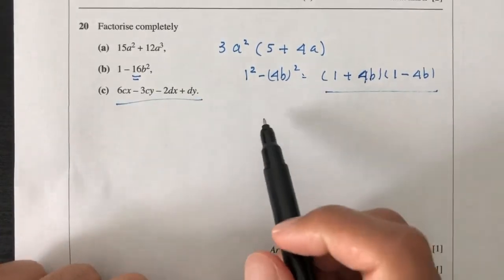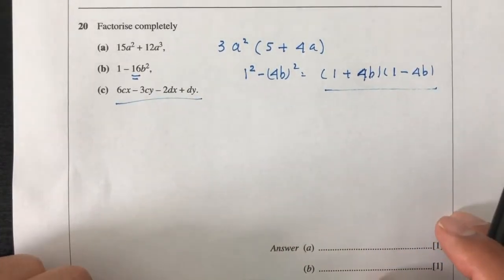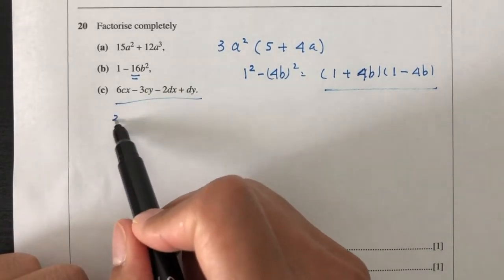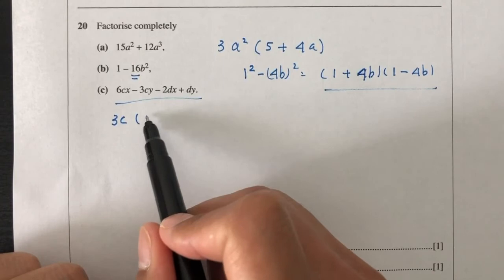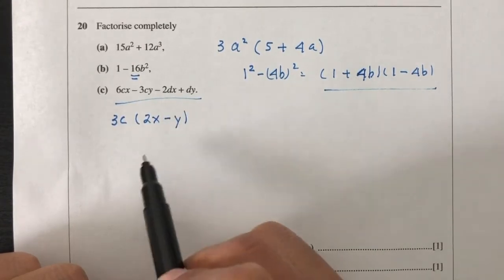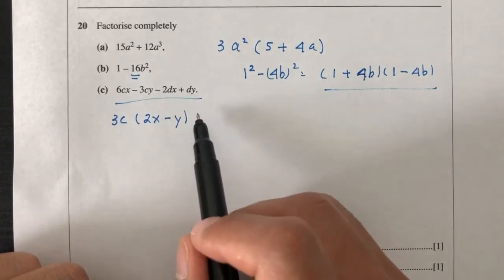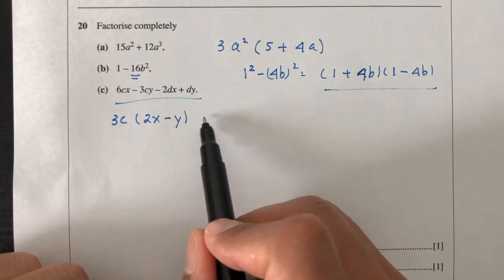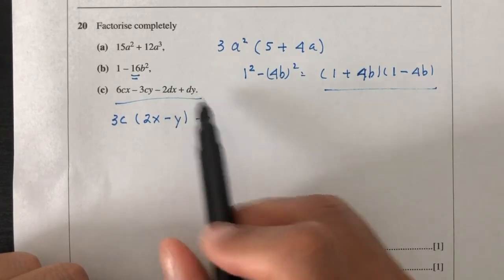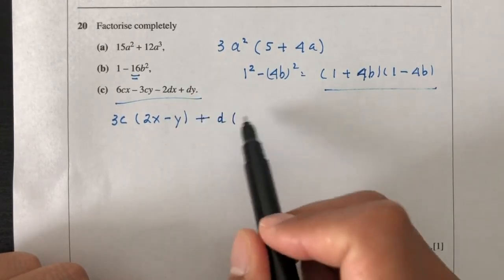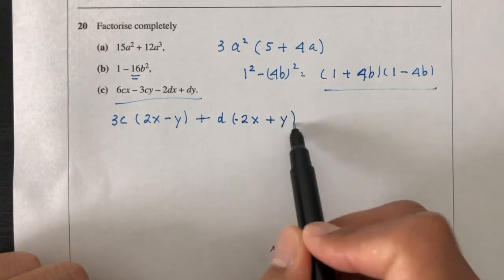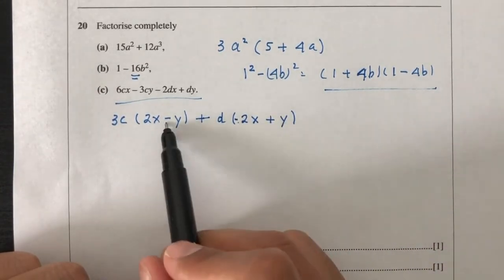Now for this one, let's observe and see what we have as common. So let's take this one on one side where we'll have 3 is common and c is common. We have 2x minus y. Now this one, what is common here? We have d as common, so we will have minus 2x plus y. So we have the sign is different here, plus and minus.